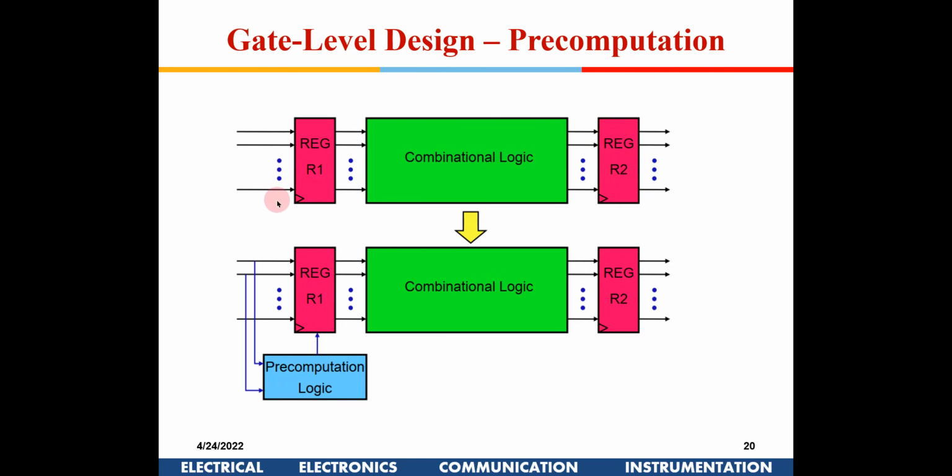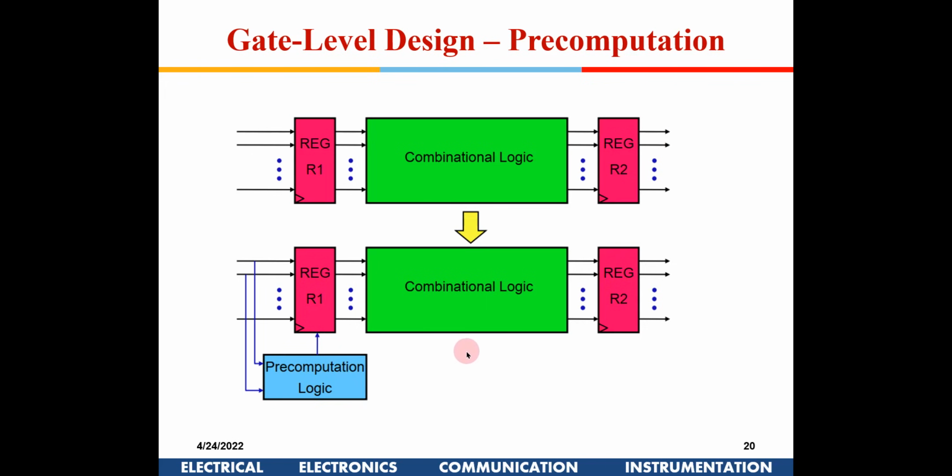But if we can look at the input combination, the input pattern, and mask some of the registers and the combinational logic, we know that for this particular input combination these registers and this part of the combinational logic might be part of many gates. There might be several gates, and from the input combination it is possible to just power off some of the gates. So that is the way this logic works.